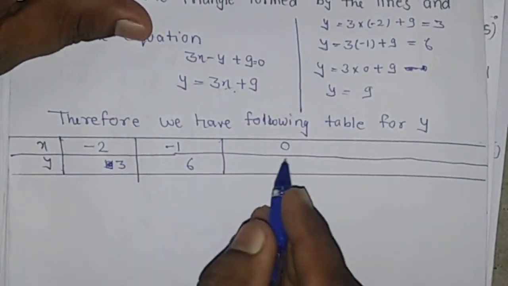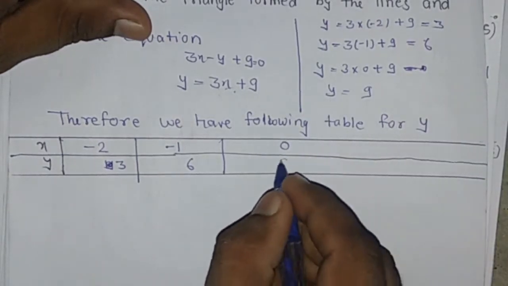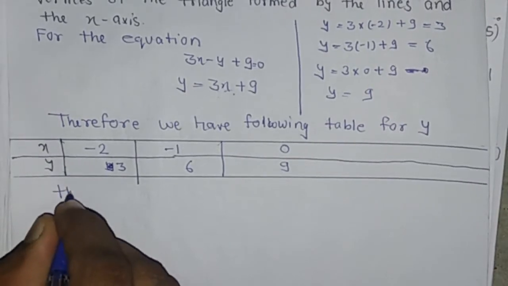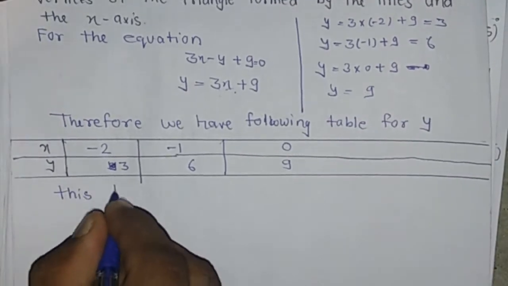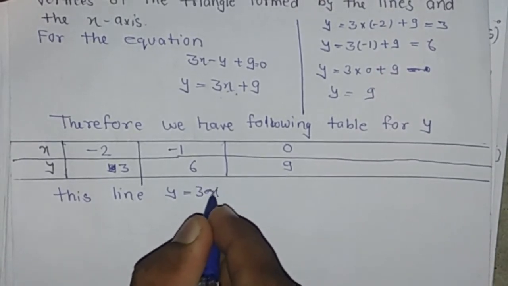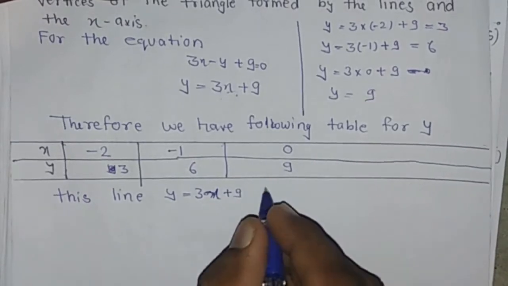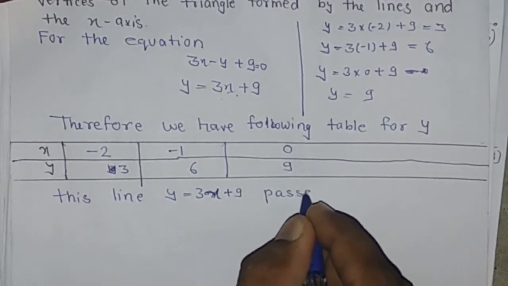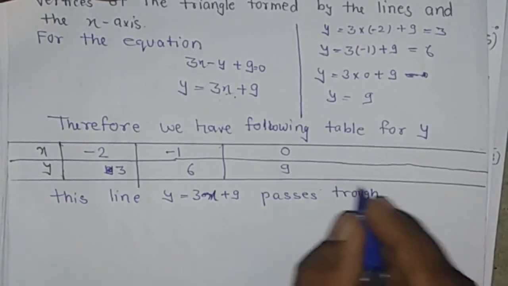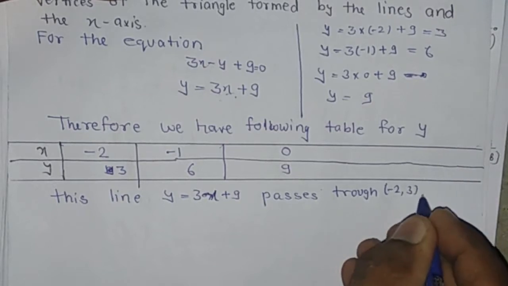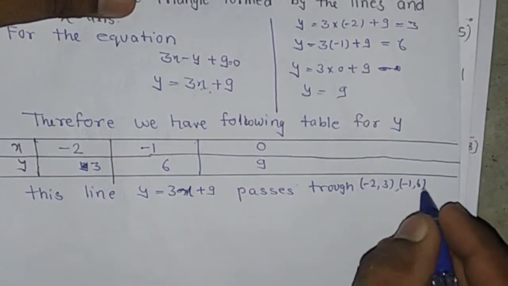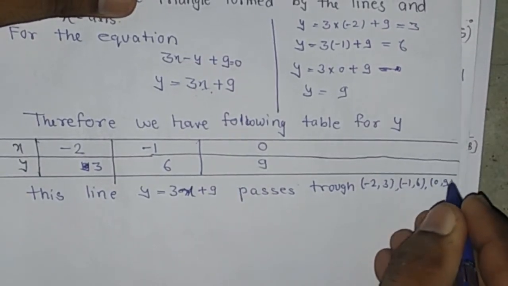This line y equal 3x plus 9 passes through minus 2 comma 3, minus 1 comma 6 and 0 comma 9.